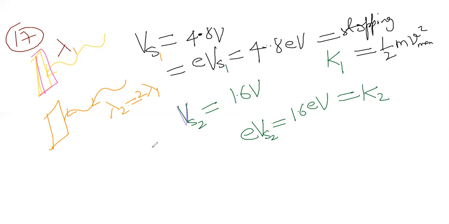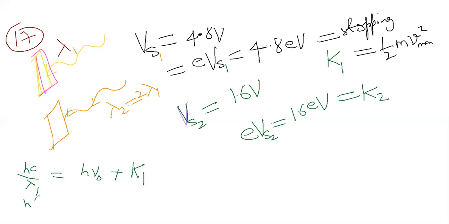Okay, let's write the equations. First equation, second equation. What is the first equation? hc by lambda 1 is equal to h nu naught plus this kinetic energy 1, right? I'm writing that as the first equation.